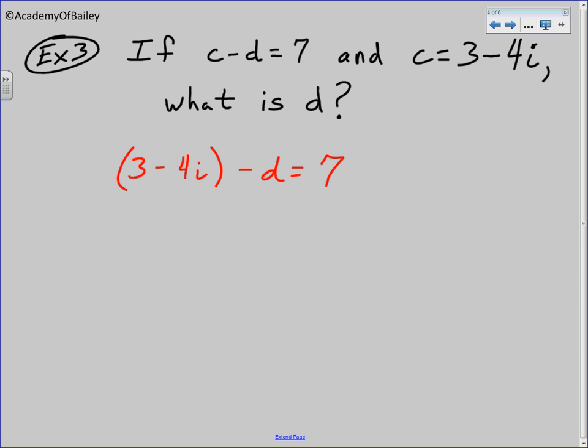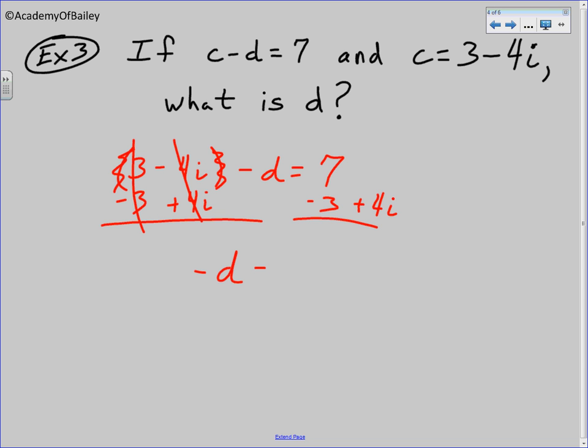Essentially here we do not need these parentheses. We're going to subtract 3 from both sides, and we will also add 4i to both sides. And so when we do that, cancel, cancel, leaving us negative D is equal to 4 plus 4i.